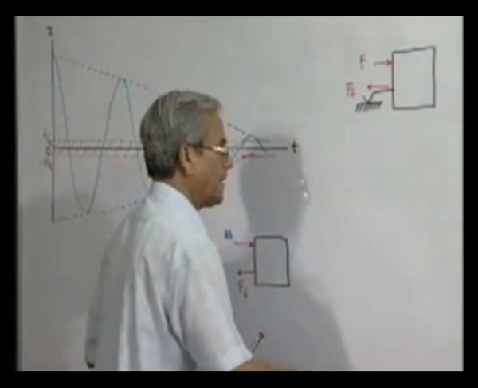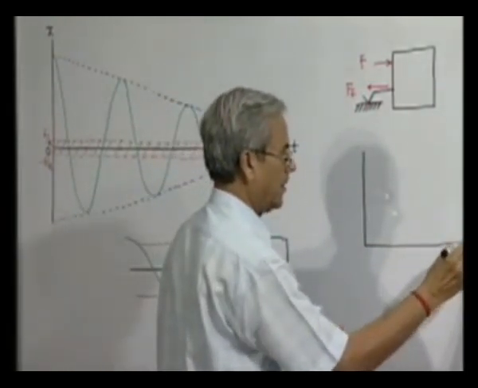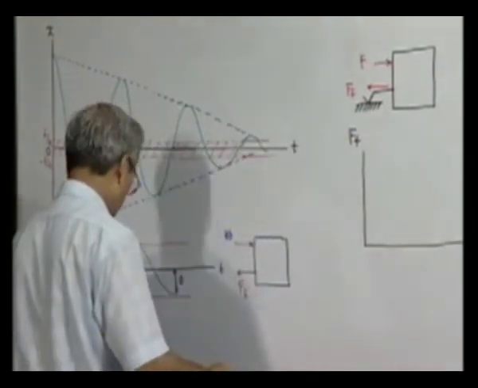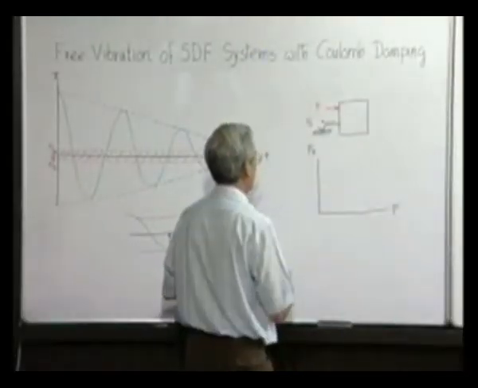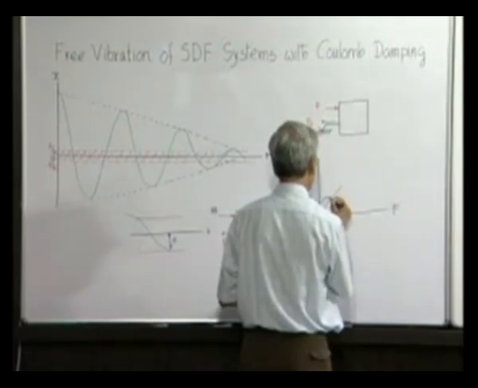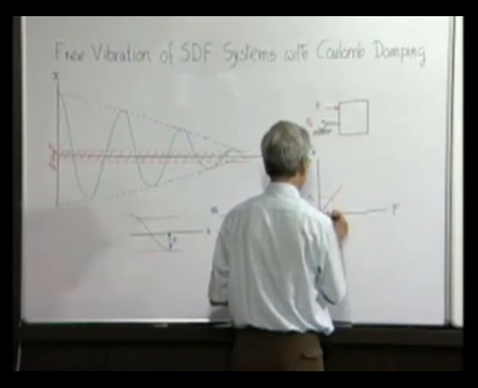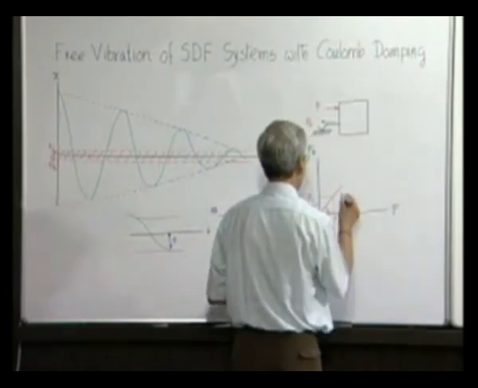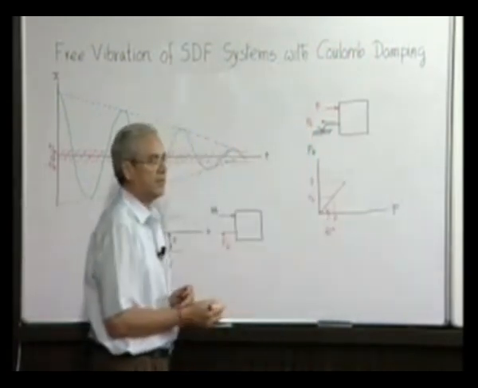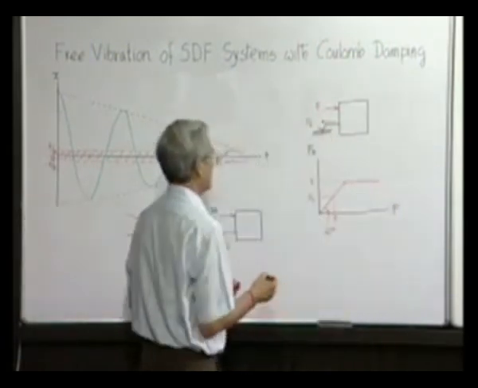Now, we all know from our basic mechanics that if we plot Ff versus this, there will be a 45-degree line, that means at every instant F is equal to Ff, up to a limit which we call the limiting sliding force, beyond which friction cannot apply any further force.